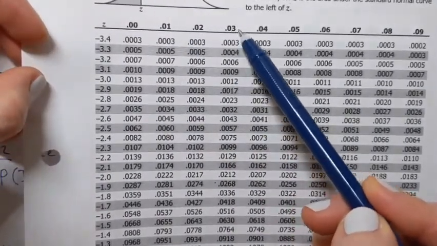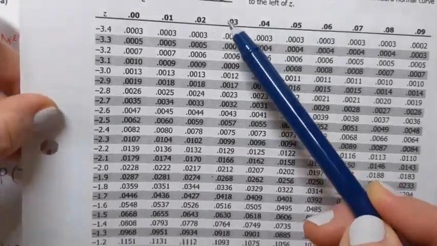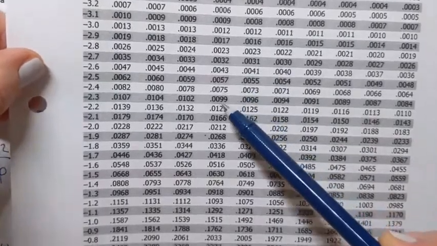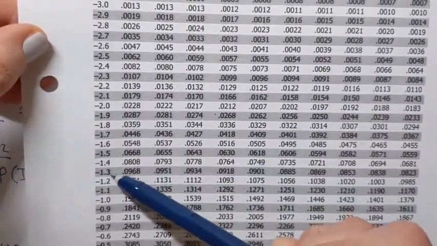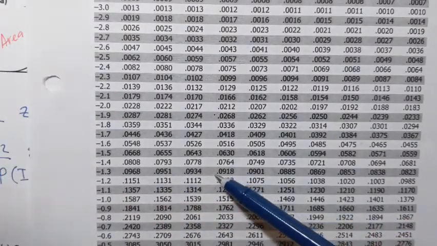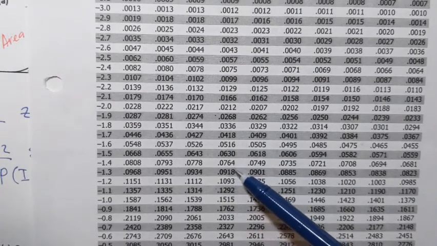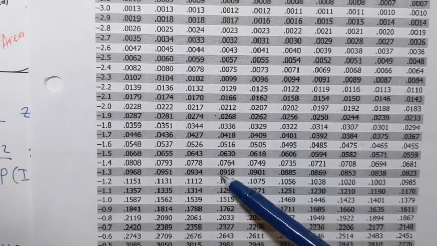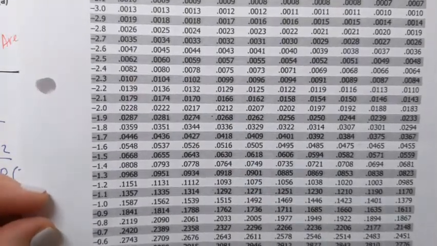That's the second digit after the decimal point. So I have to stay in this column. And where's the right row? Okay, right here. So negative 1.3 and 3 for the second decimal place, where that row and that column intersect, I get 0.0918.